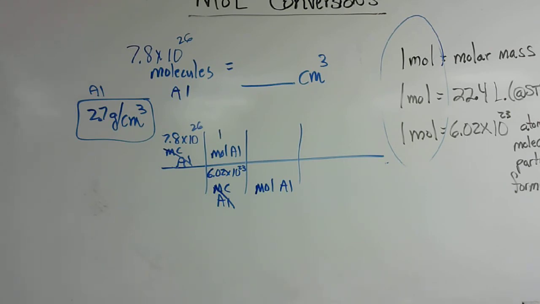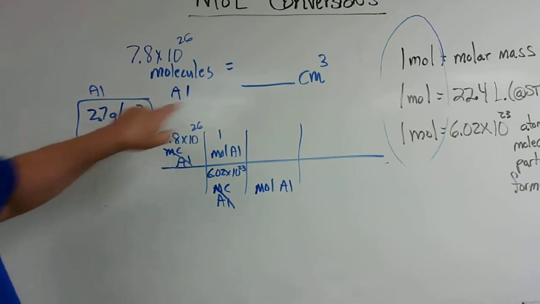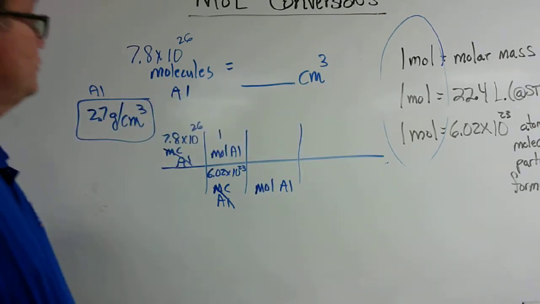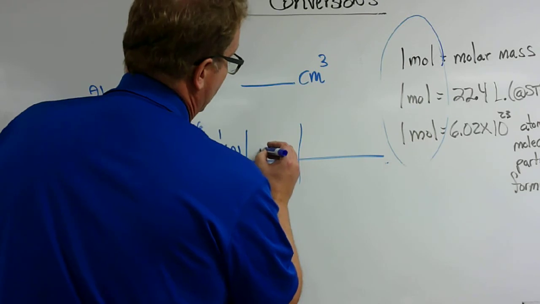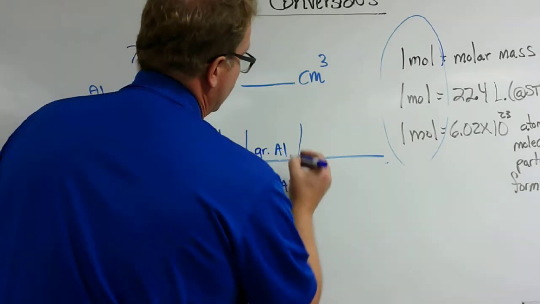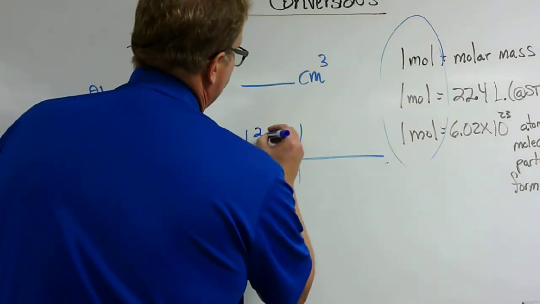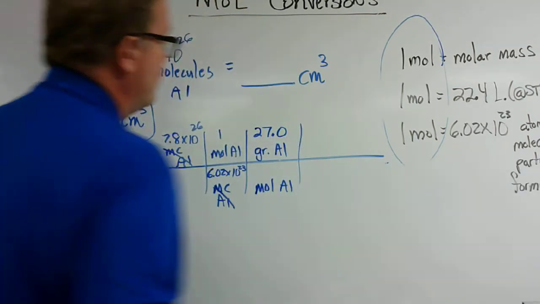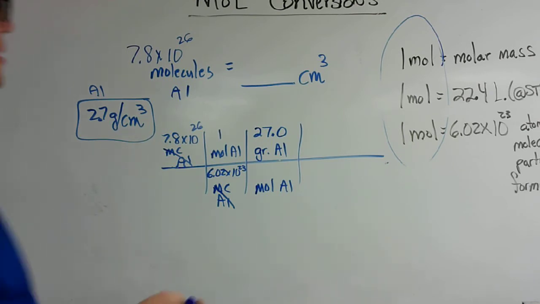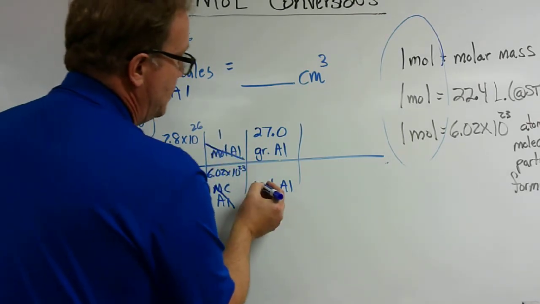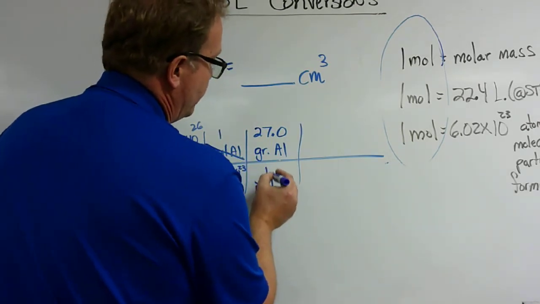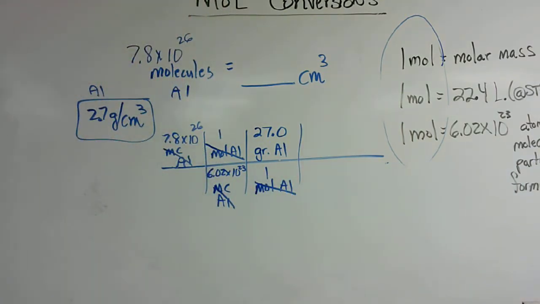Now I can move from moles to grams, which I have to do in order to get to this one here. So I'm going to put my mass of Al here, 26.98, which would be 27.0 grams of Al. I keep moving. Of course, this is the big one, a mole.